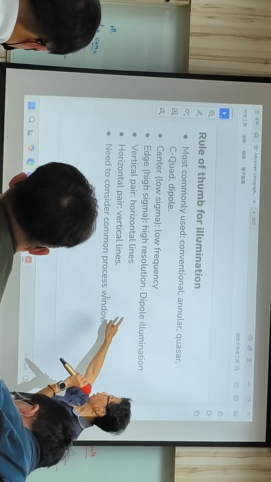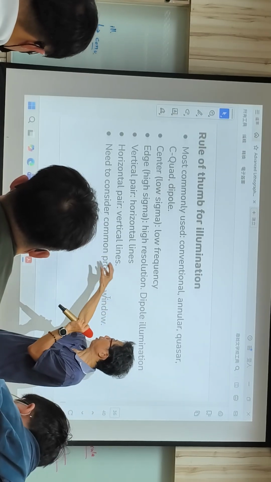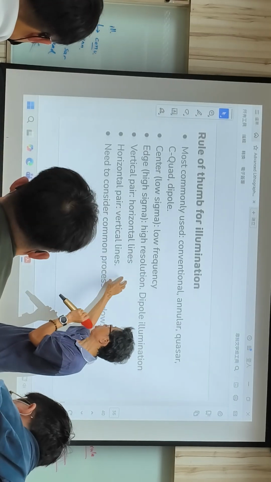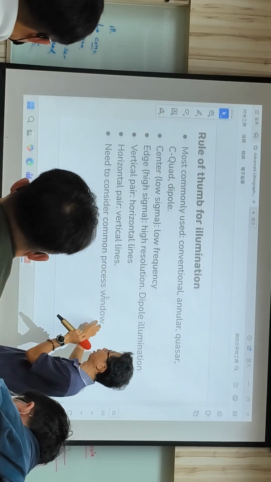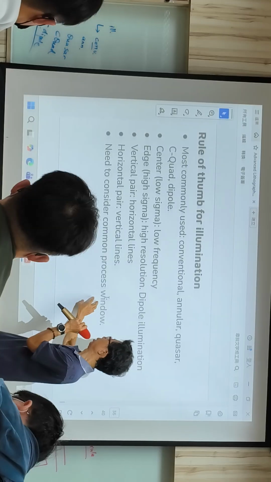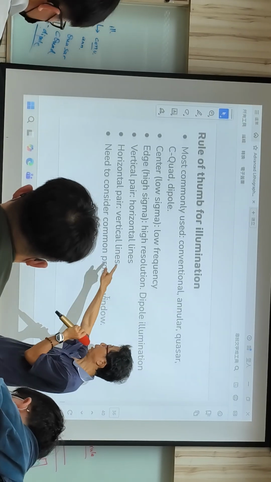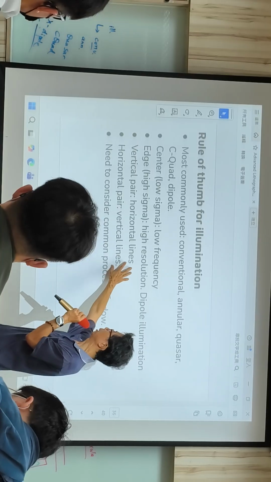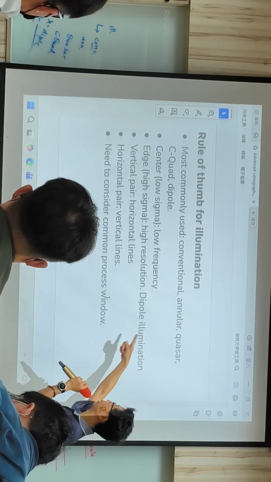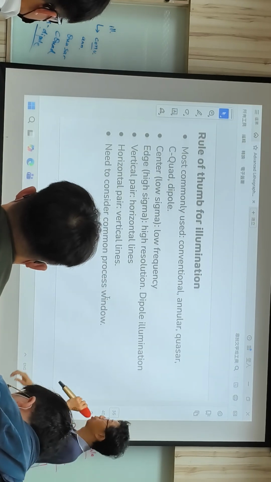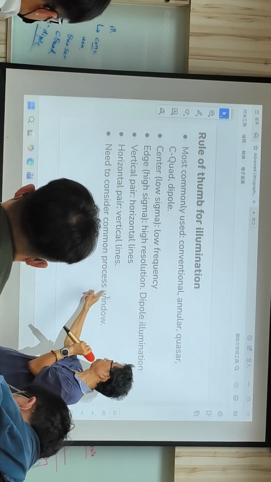If it is a vertical pair, Y dipole is for horizontal line. A horizontal pair is for vertical line. And if you have a crank, then you need to forget this, go back to quasar or C-quad. And also you need to consider the common process window.